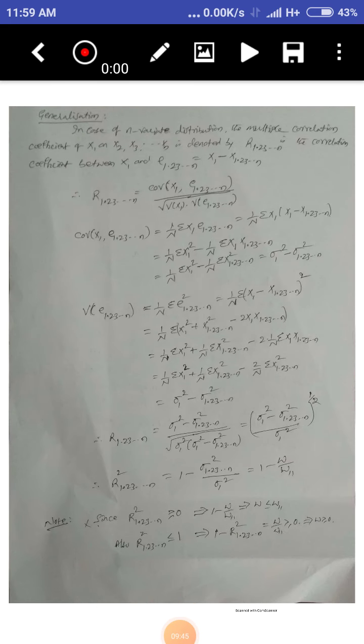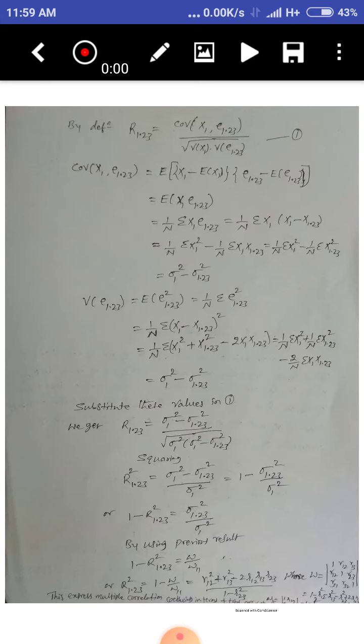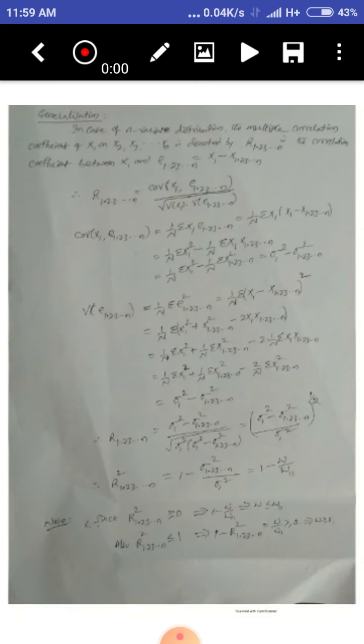Correct. So far we discussed only three variates. Suppose there are n variates in a distribution. In the case of an n-variate distribution, the multiple correlation coefficient of x1 on x2, x3 and so on up to xn is denoted by capital R1.23 up to n.